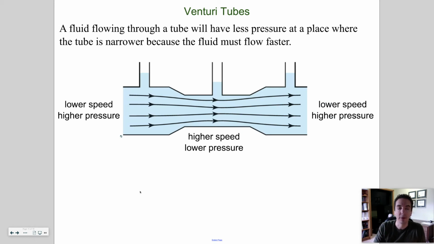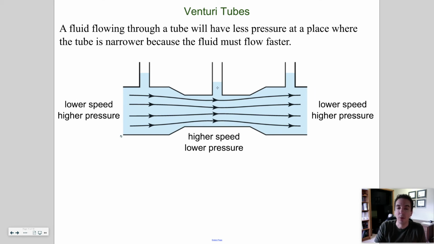A Venturi tube would be an example of that, using the same Bernoulli effect. A fluid flowing through a tube will have less pressure where the tube is narrower, because the fluid must flow faster. So here we've got a wider cross-sectional area. Here we've got a smaller cross-sectional area. The fluid here is moving at a higher speed because the streamlines are closer together.